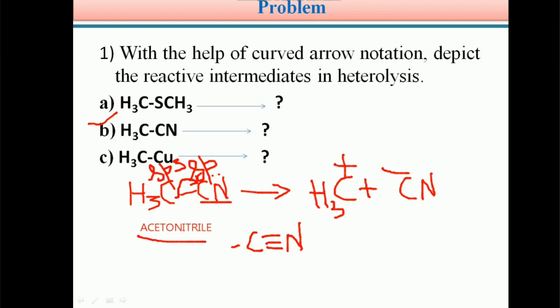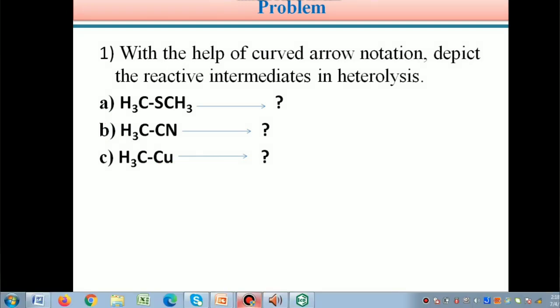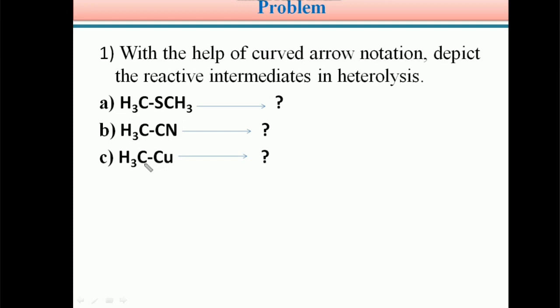Similarly, students, next example, CH3Cu. Here the methyl group is connected to the copper. In the case of CH3Cu, the electronegativity of carbon is somewhat more than that of copper. Therefore, the bond pair of electrons will move towards carbon.